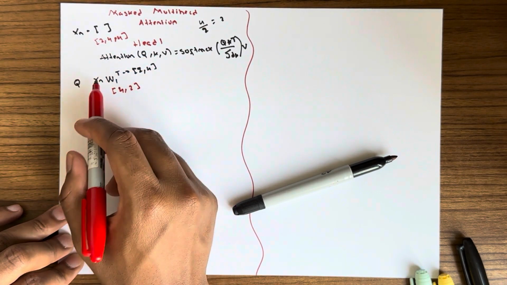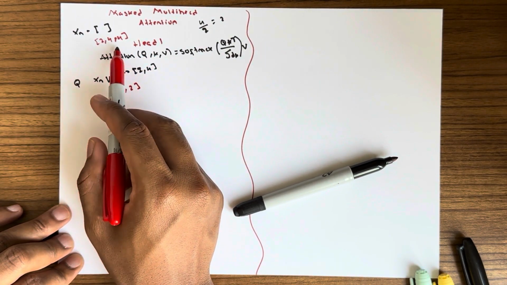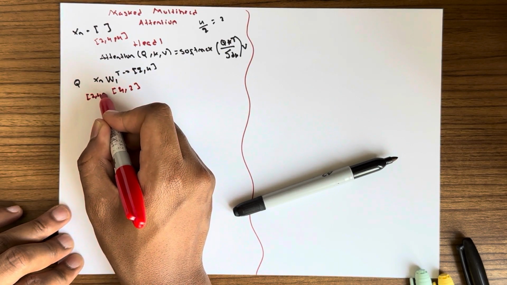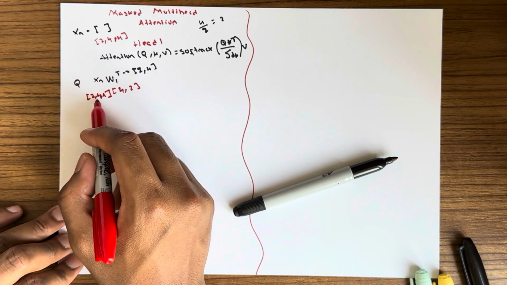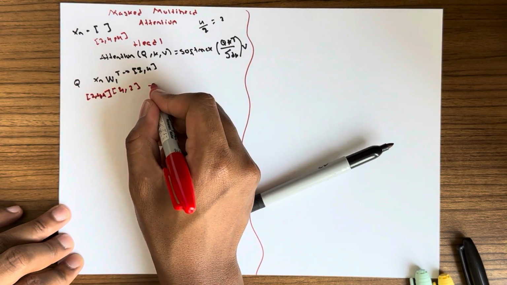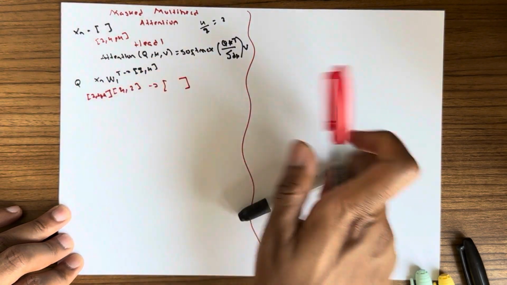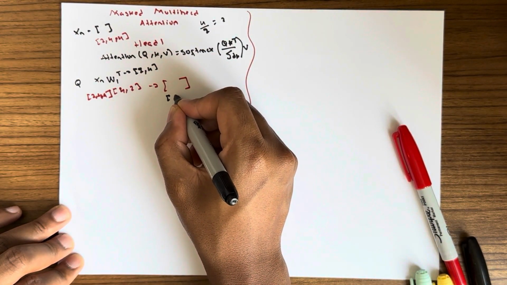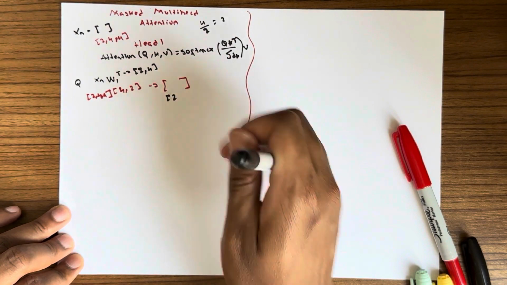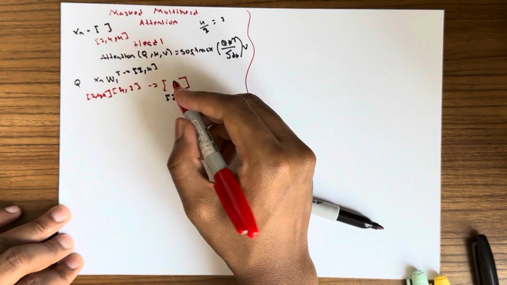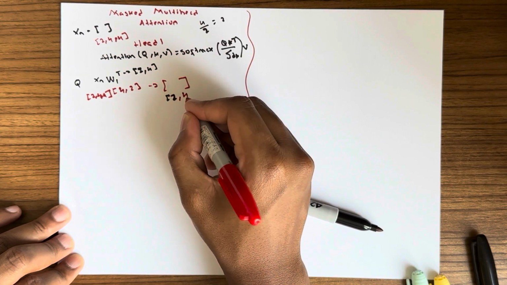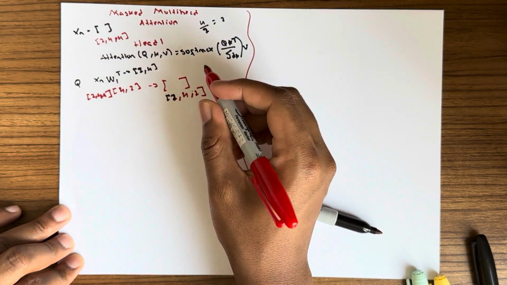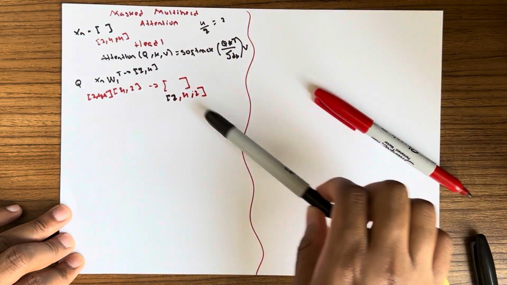So we are essentially transforming xn, of dimension 2 by 4 by 4, and the output is a tensor of dimension 2 by 4 by 2. So far so good.